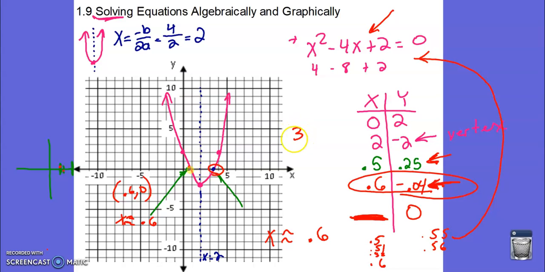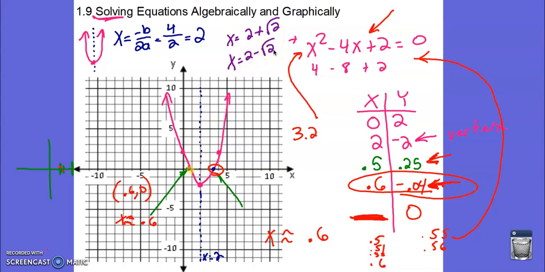Just pick some random decimal, 3.2, and then plug it into this equation and try to find one that's above the 0 line, positive, and then try to find one that's below it, and then see which one is the closest. And again, if you did the quadratic, let me just back it up a little bit. If I did the quadratic, I would end up with these two solutions: x equals 2 plus the square root of 2, and x equals 2 minus the square root of 2.